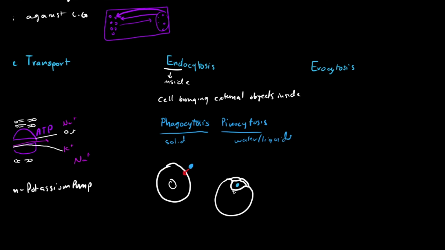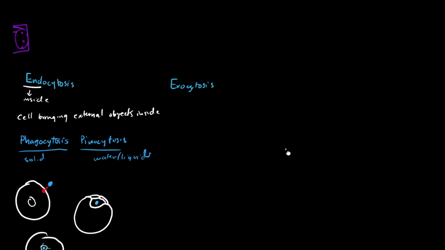And then this object gets transferred into the cell and inside of a vesicle. So now what we have is this cell with a vesicle. And in the inside, we have this blue external object. And then from that, the vesicle dissipates and the cell now contains that external object. Of course, this does take energy because creation of vesicles and stuff isn't exactly something the cell can do for free.